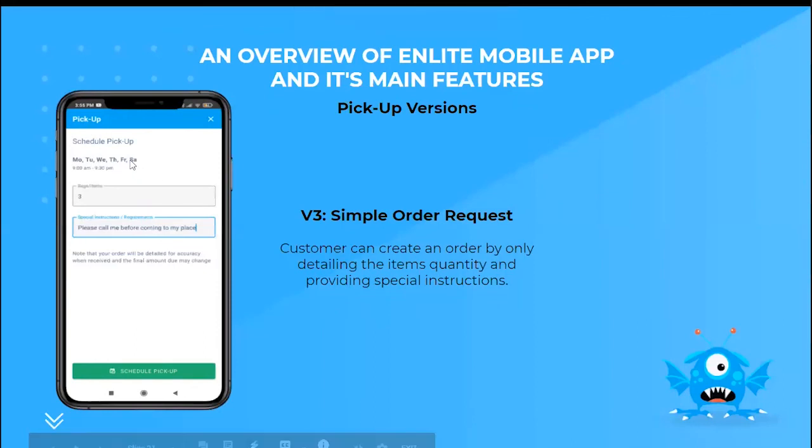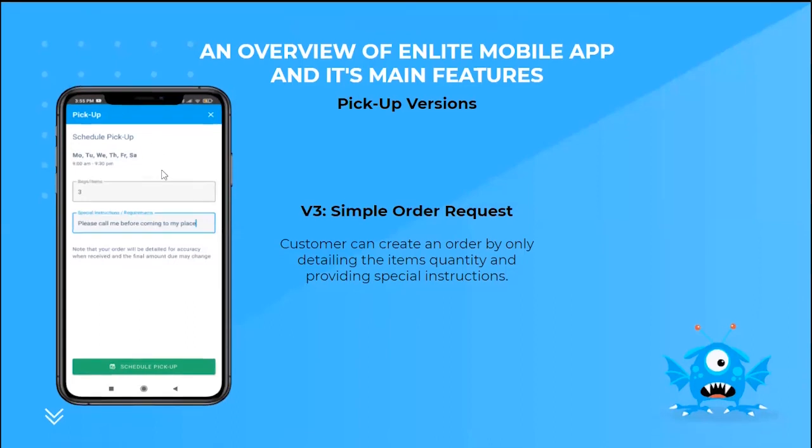Meaning, if they are assigned to a route that runs on certain days or in all days from Monday to Saturday, they will see this information. We have released a new feature that can allow them to select their pickup and drop-off dates along with the hours. If you need your customers to be able to select only the days but not the hours, we can also do that. I mean, we can work around it.